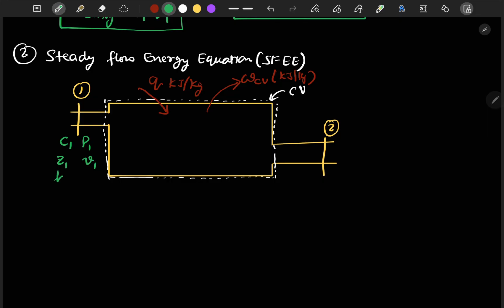H1 is enthalpy and U1 is internal energy. Similarly, at exit, C2 is velocity, P2 is pressure, Z2 is elevation, V2 is specific volume, U2 is internal energy, and H2 is enthalpy.